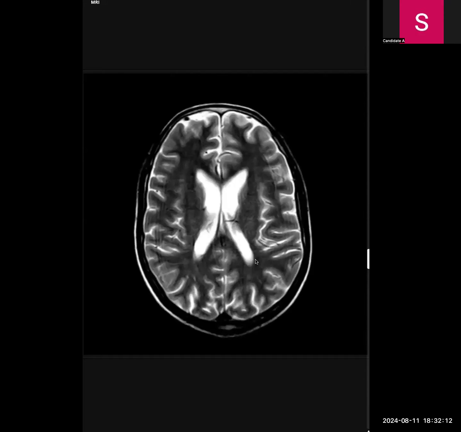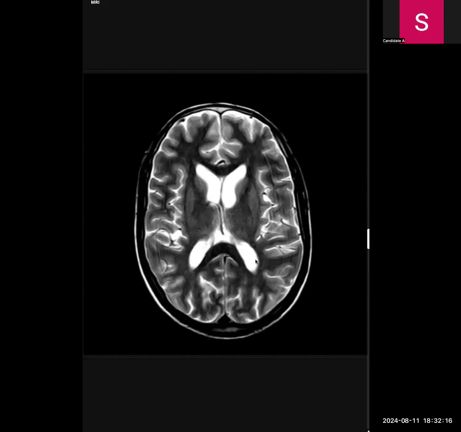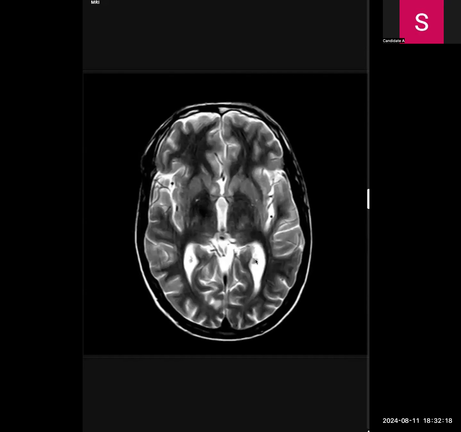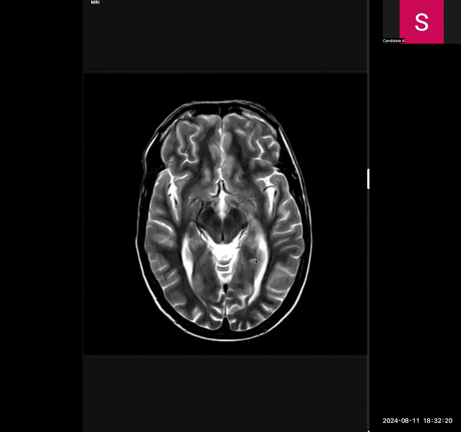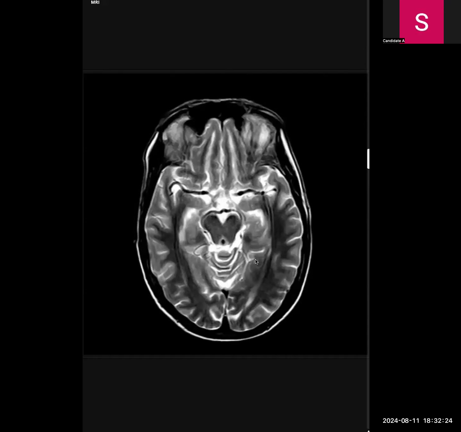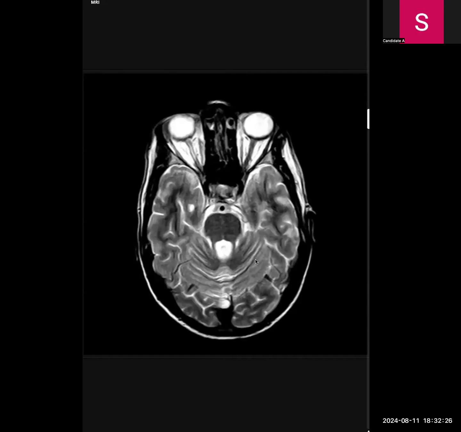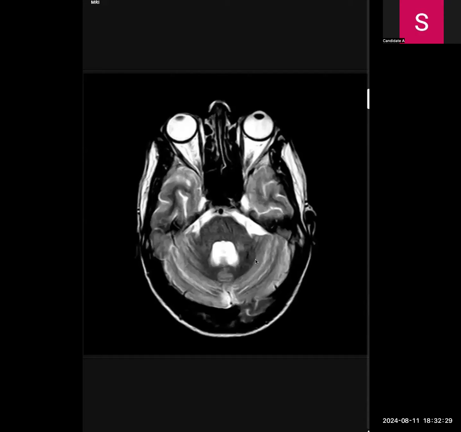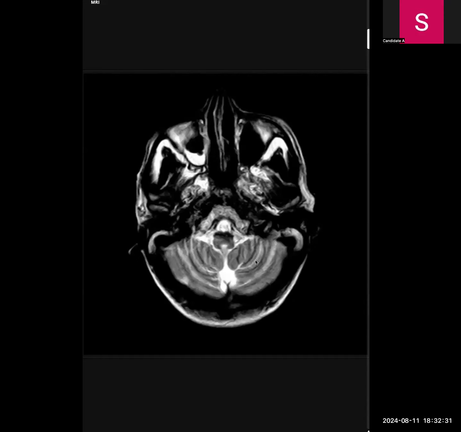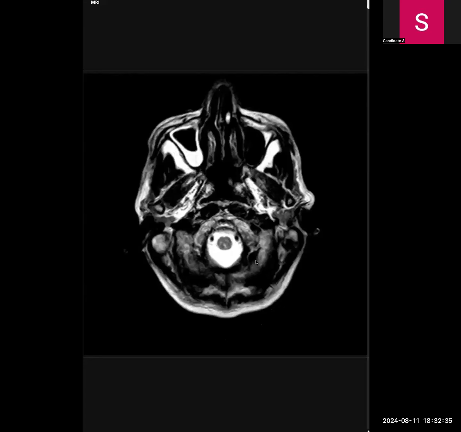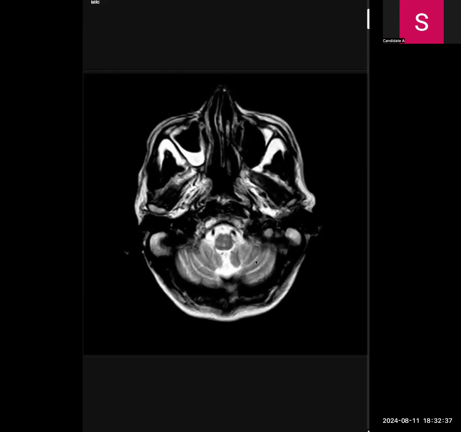There are lacunar infarcts in the corona radiata, chronic lacunar infarcts. Looking at the venous sinuses and the vessels in the base of the skull, they appear normal. There is mild right maxillary sinusitis.